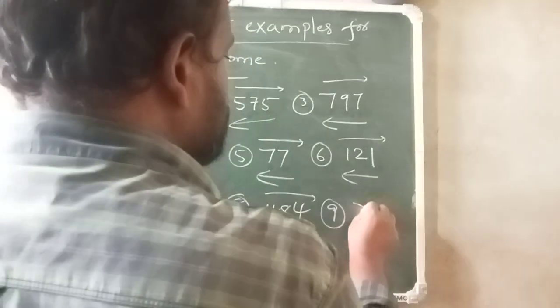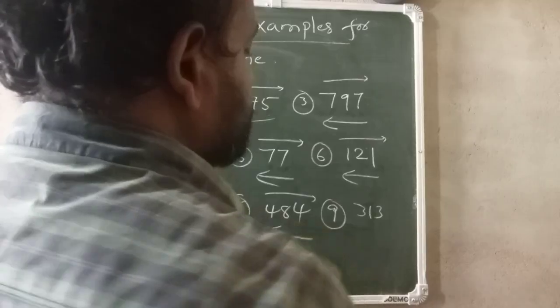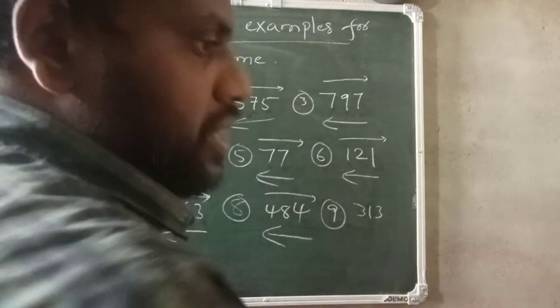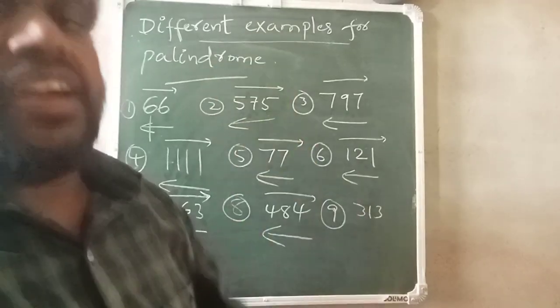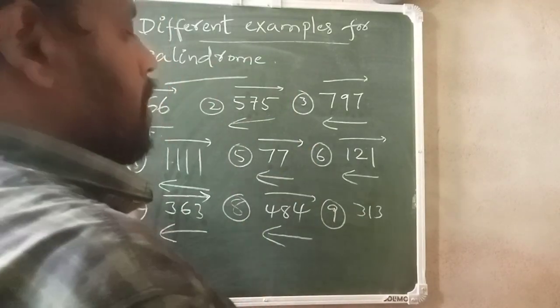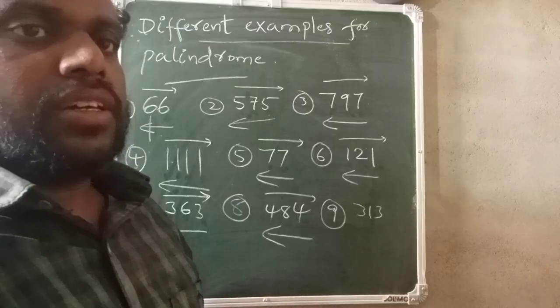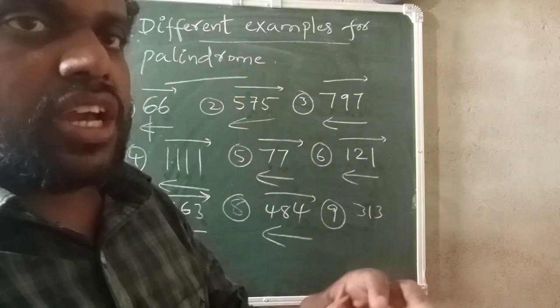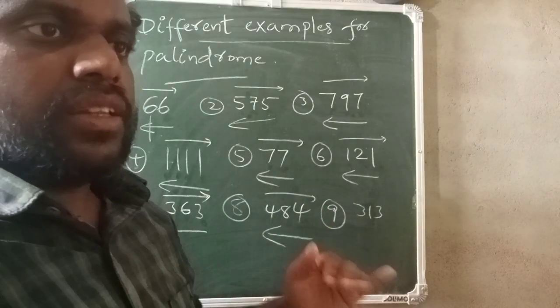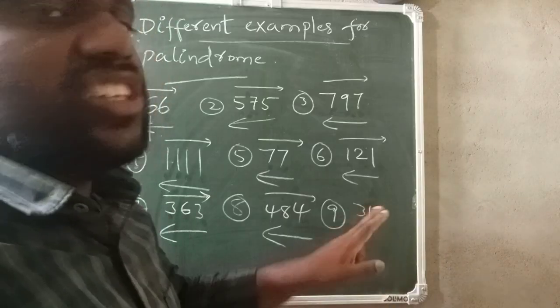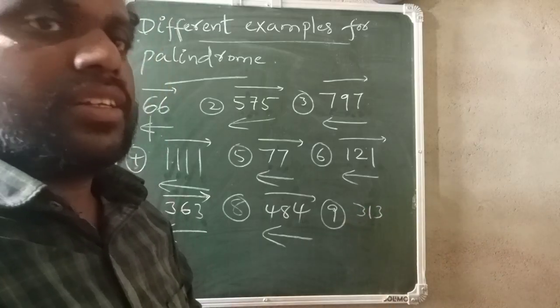Ninth example. So 313. The number is 313 only. But the point is, you should not see how it reads in both directions as a number. I mean, you should read the digits. You got it?